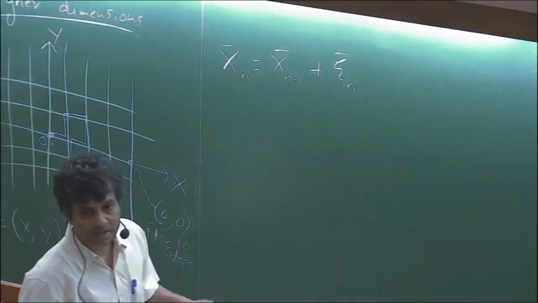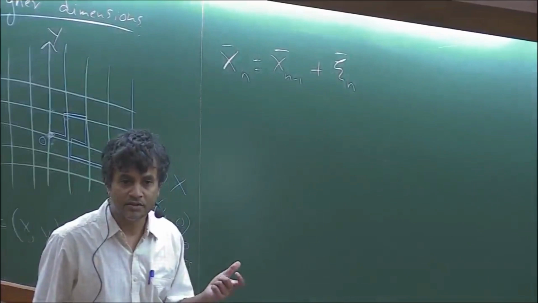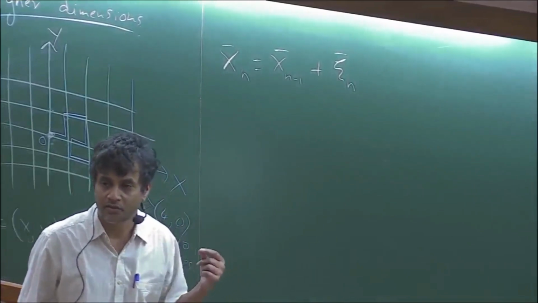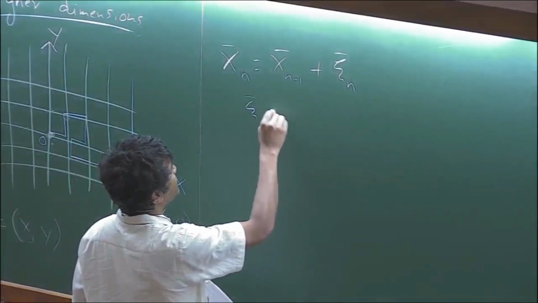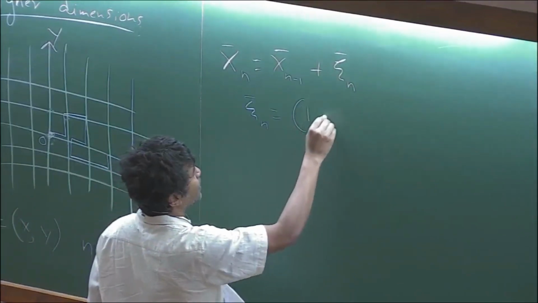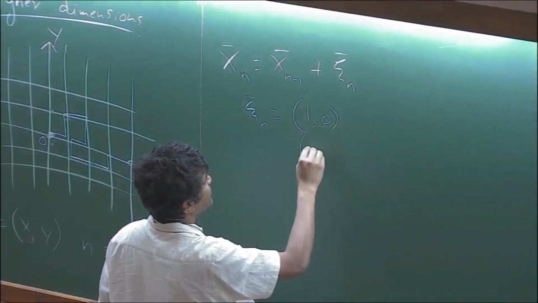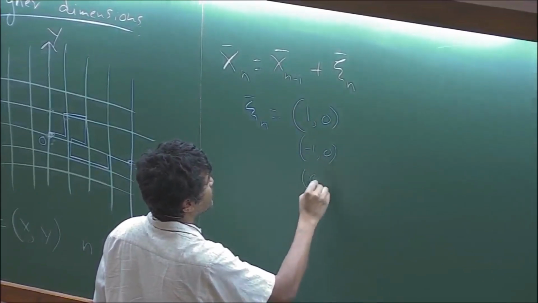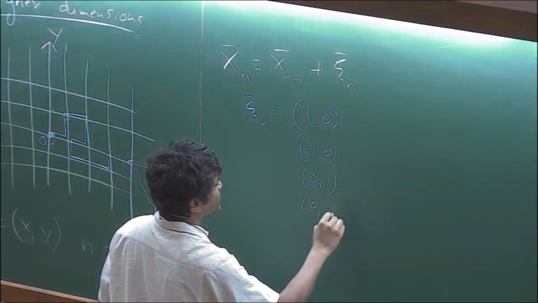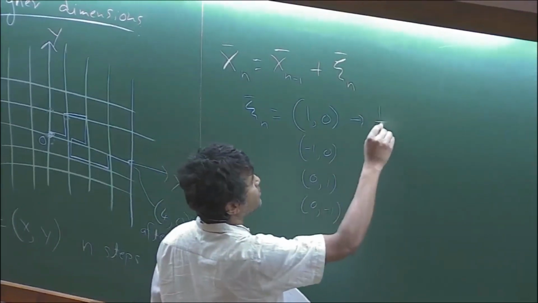So each step is a unit vector which can take 4 possible values, right? So in this case, i_n bar can be either (1, 0), (-1, 0), and so on, each with probability 1/4.